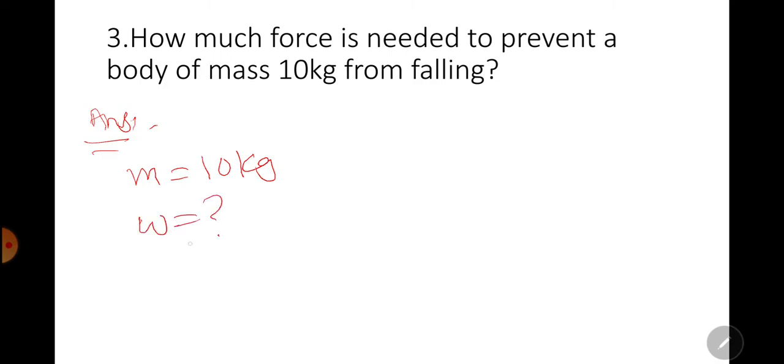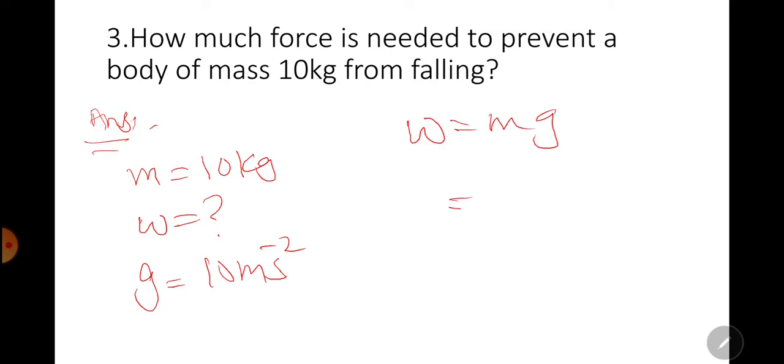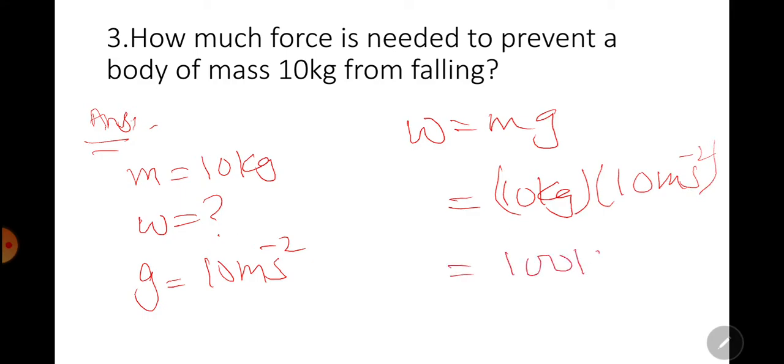W is the question mark. g is equal to 10 meter per second square. So you will write W is equal to mg is equal to 10 kilogram times 10 meter per second square is equal to 100 kilogram meter per second square.